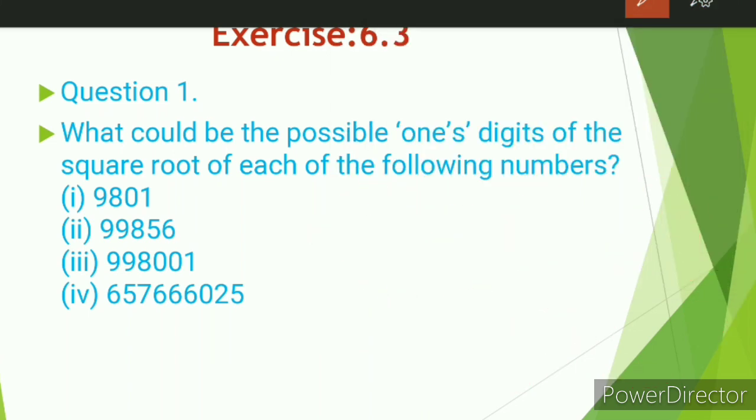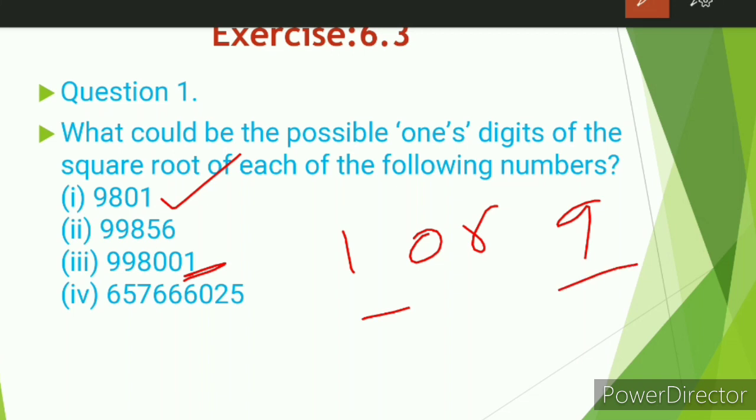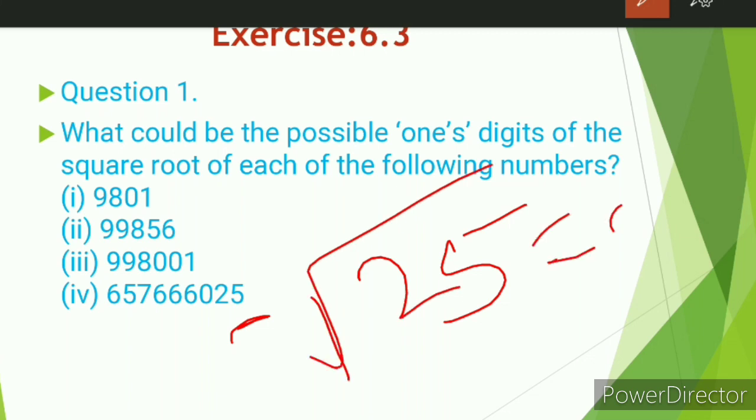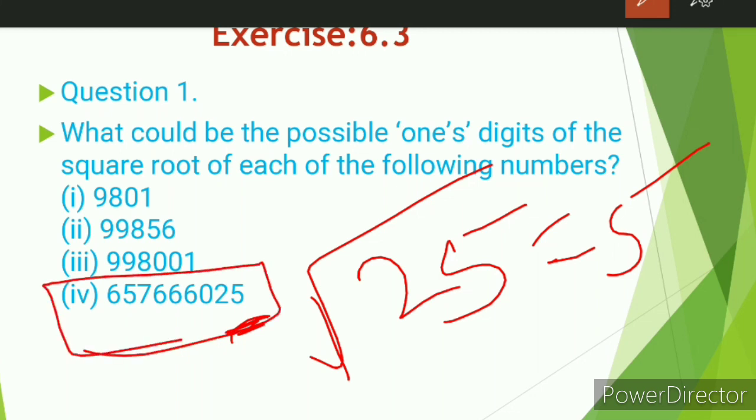Next, 1 again, the same, 1 or 9 will be the ones digit of its square root. For 5, only one possibility is there, that is 5 only, because the square root of 25 is 5. So 5 will be the ones digit of this perfect square's root.